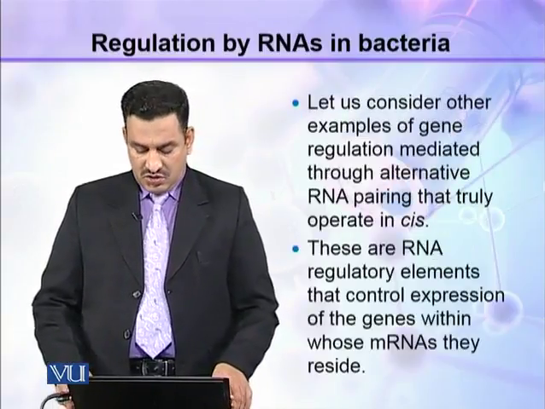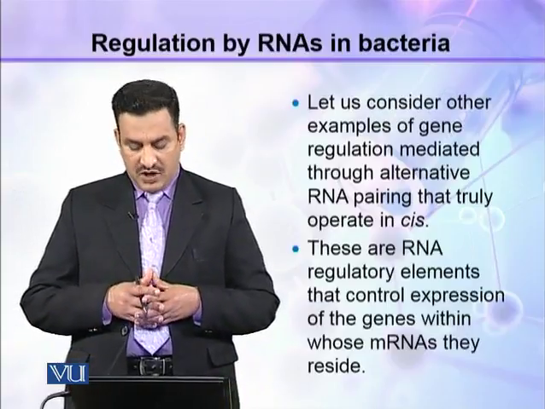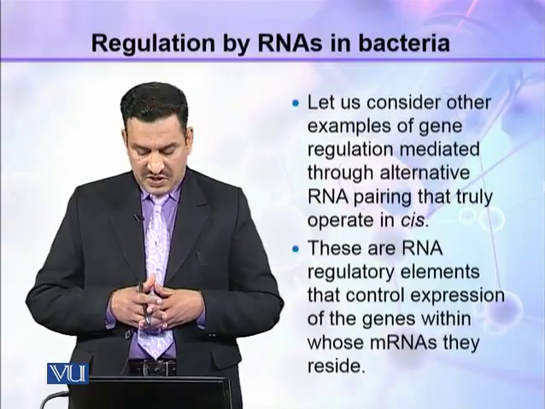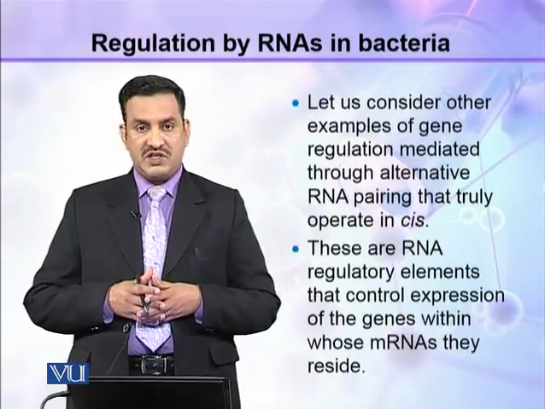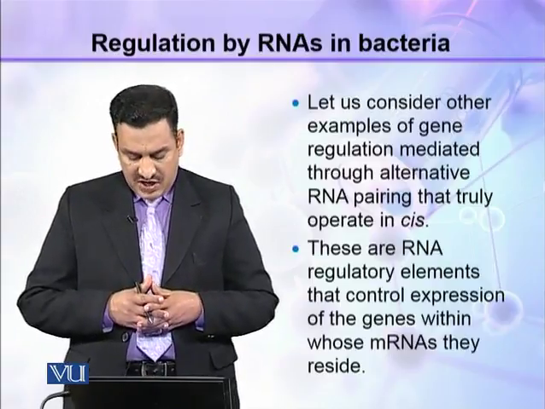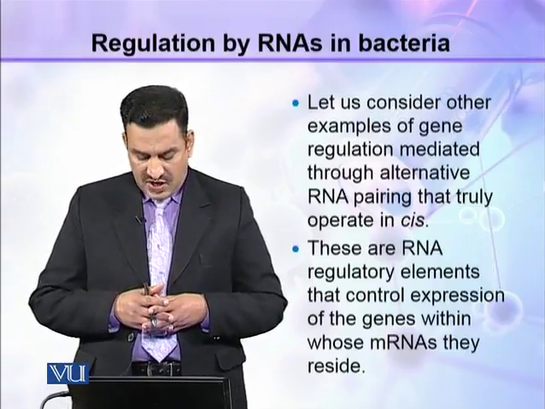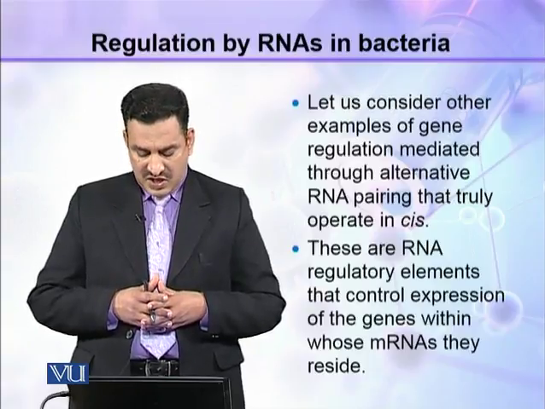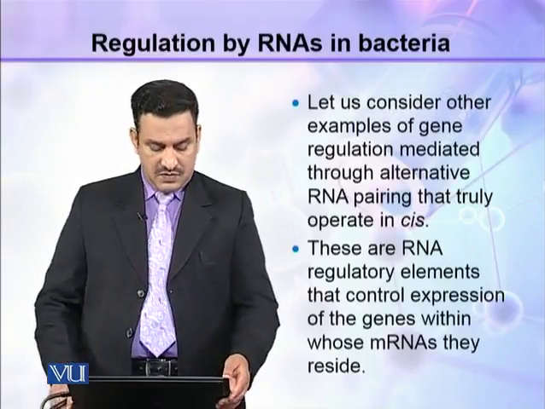Let us consider other examples of gene regulation mediated through alternative RNA pairing that truly operates in cis. These are RNA regulatory elements that control expression of the genes within whose mRNAs they reside.